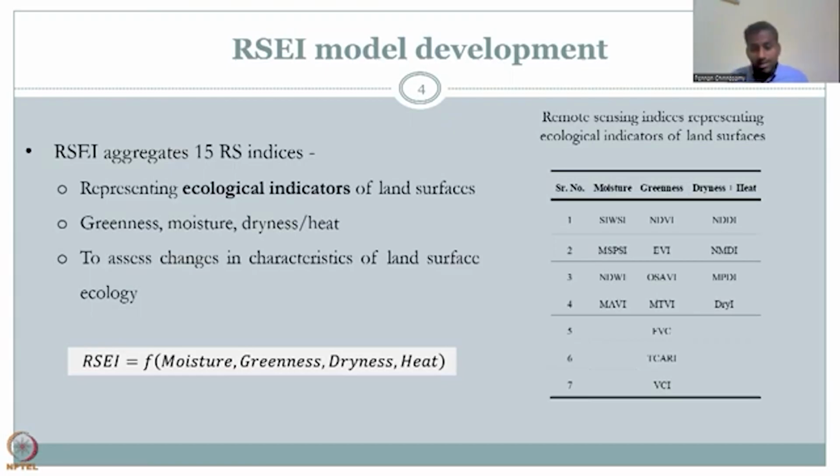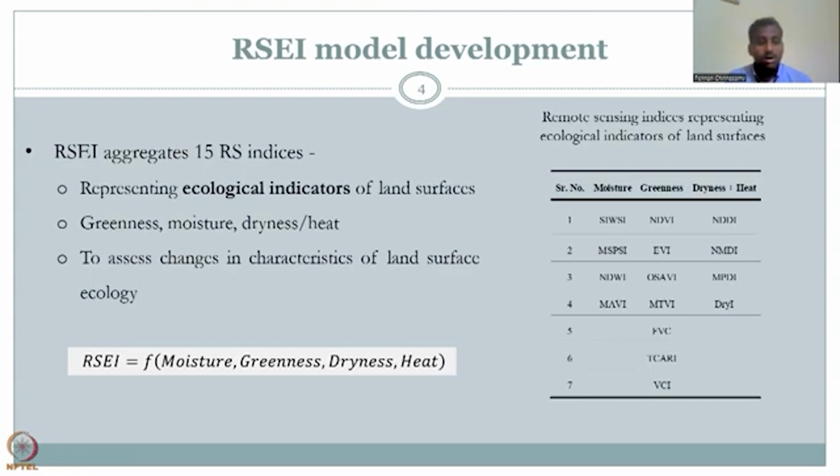While this is a function, how do you account for moisture? In the previous exercise we did NDWI, so in the same way we could use NDWI for moisture. For greenness, we can have the NDVI, and dryness and heat could come from climate indicators.